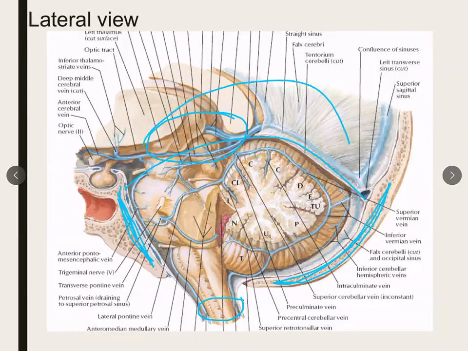Okay, so some answered medulla. All of you kindly look at your thumb. Your thumb is as small as your brainstem, that is actually the size of your brainstem or even smaller. Can you imagine?